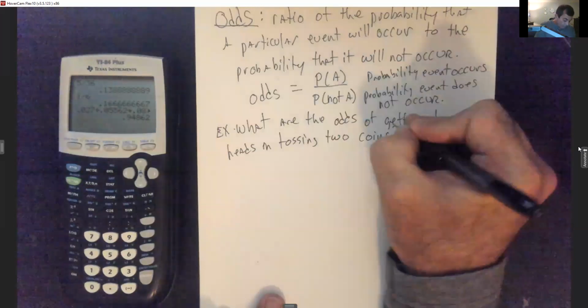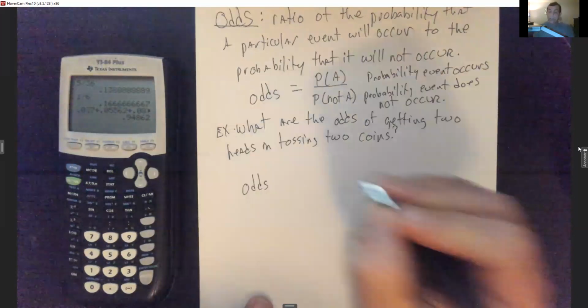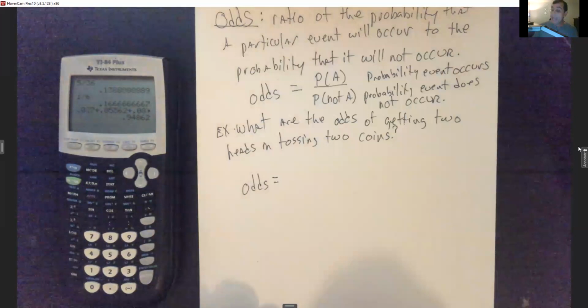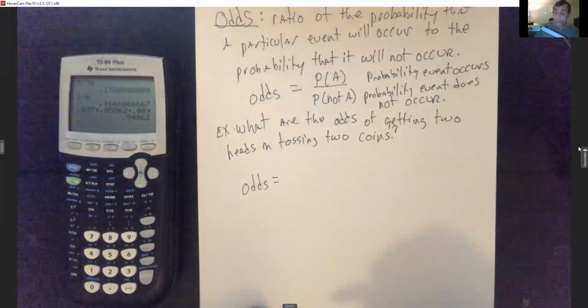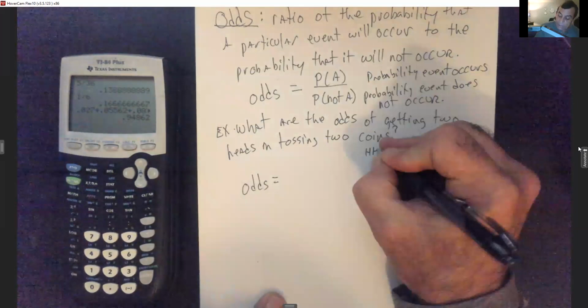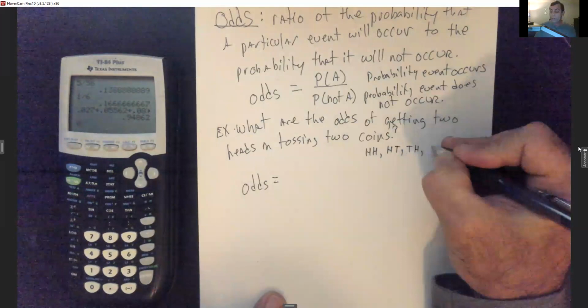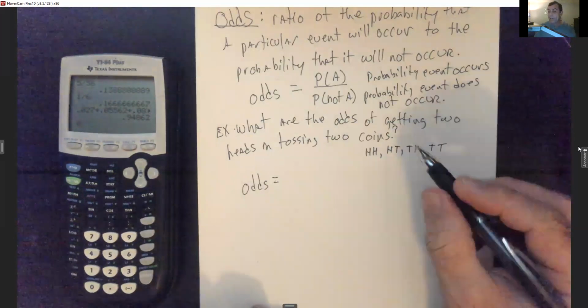So our odds is going to equal the probability that my event happens. But remember, when I toss two coins, I could get a HH, a HT, a TH, or a TT. Both heads, one head one tail, one tail one head, two tails.